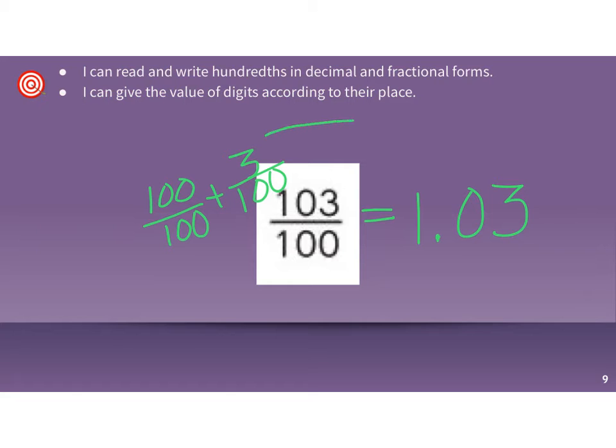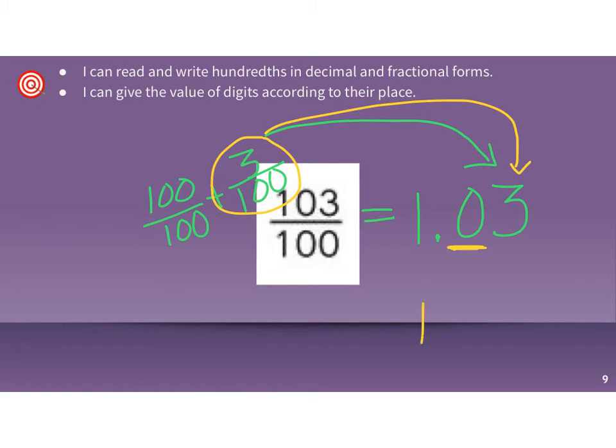That 3 hundredths, did you get it into the hundredths place? Because remember, this is the tenths place. So if I only have 3 hundredths, I need to make sure I write that in the hundredths place. If I wrote 1.3, remember that that has a different value. That would mean 3 whole rows of a flat would be colored in.